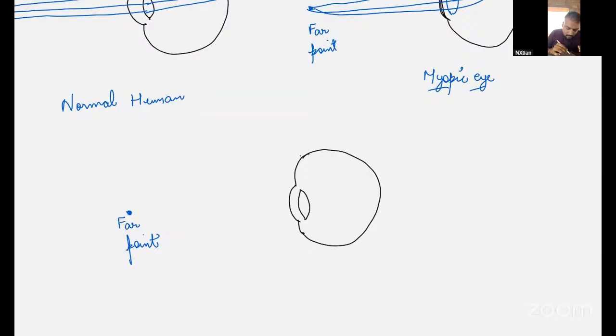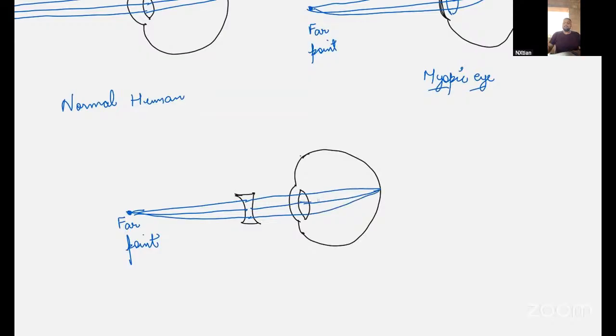We need a concave lens for that, so that when the light rays go like this, they diverge a little, and when the divergence is done, the image is corrected and falls on the retina.